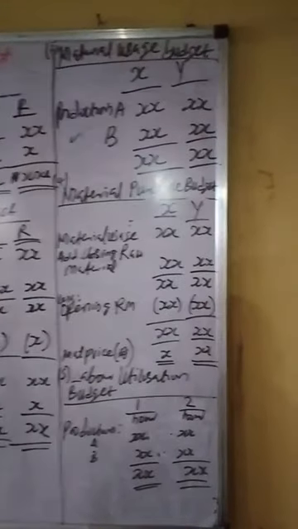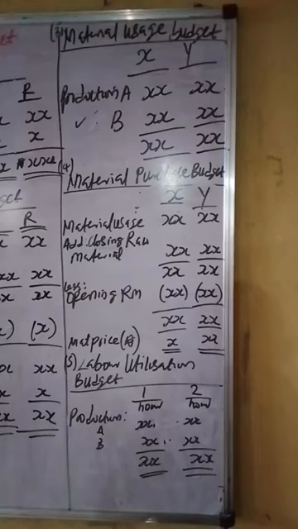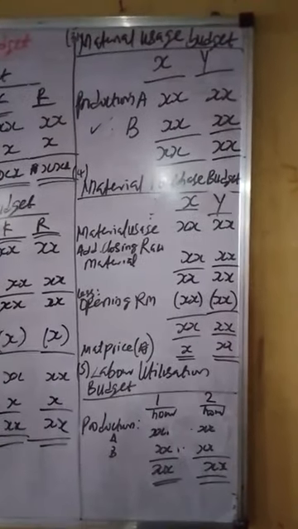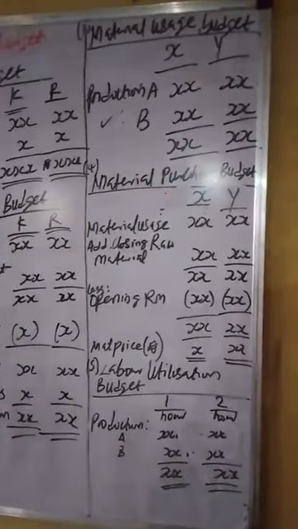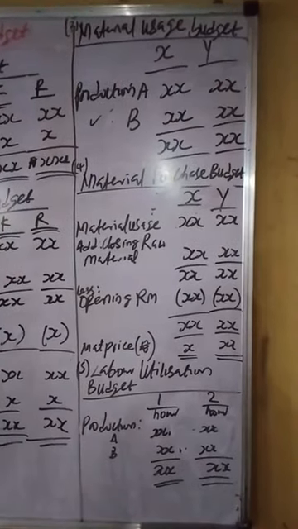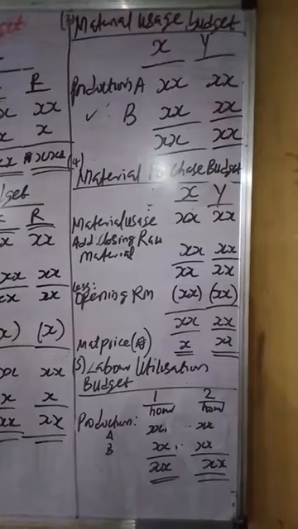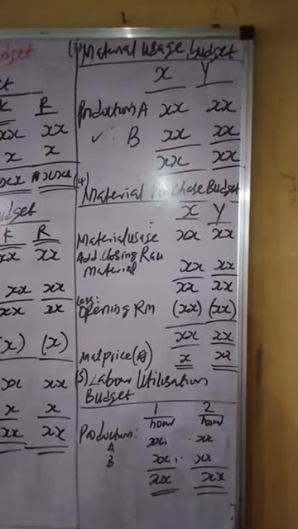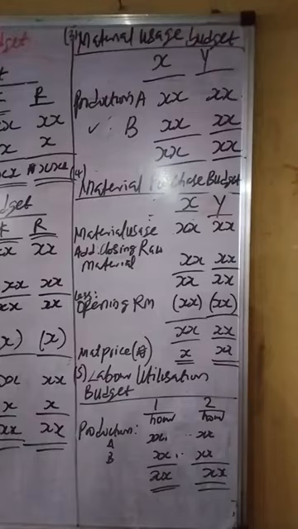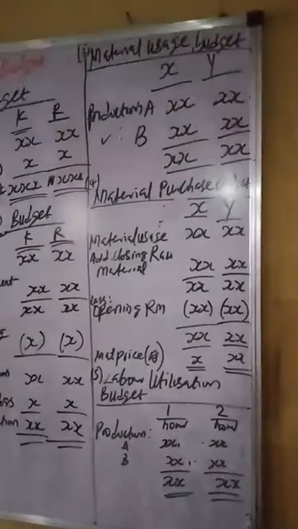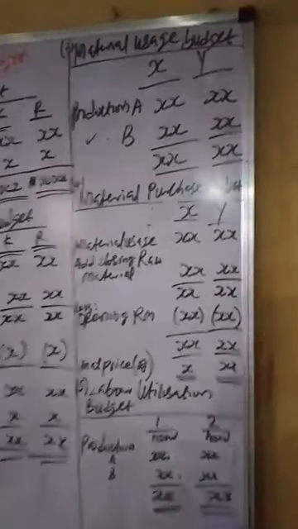So from our production, we have products A and B, and then we need materials X and Y. You will need to calculate for material X how many of it we are going to use for production of product A, and then for product B. For material Y, how many of it are we going to use to produce product A and product B?